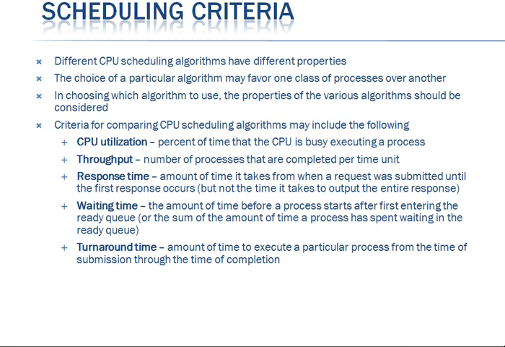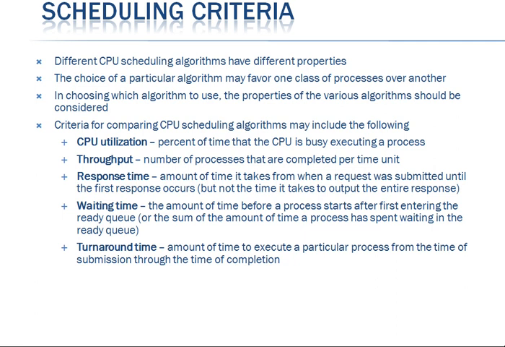This is the amount of time taken by a process to execute from the time it was submitted through its entire completion. You calculate this time from when it was submitted to the processor and the time it has completed its execution. This gives you turnaround time.